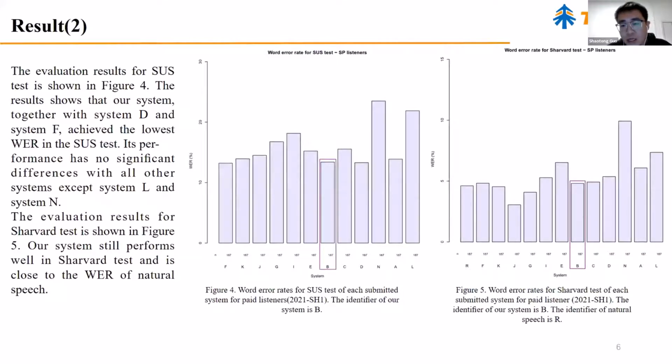For the SUS test, our system, together with systems B and F, achieves the lowest level of WER. And for the showered test, our system still performs well.